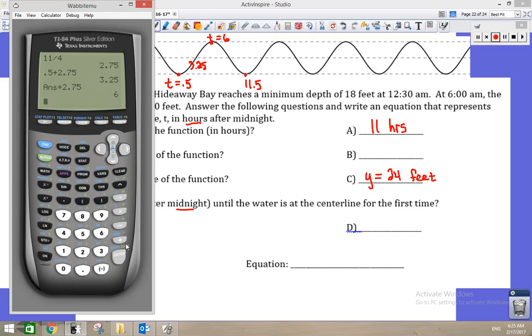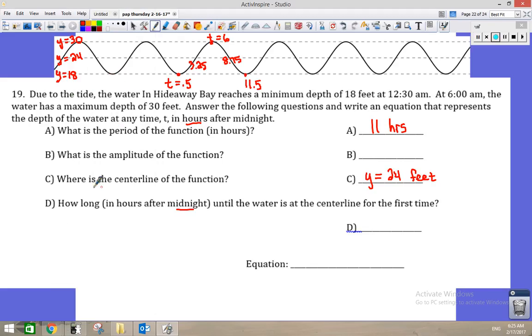If we add another 2.75, we're back at the center line, 8.75. And then just to check, another 2.75 should be at 11.5. Yeah, okay. So our spacing looks good. The amplitude, 6 units above 24 or 6 units below 24 is our max and min. So our amplitude is 6 feet.